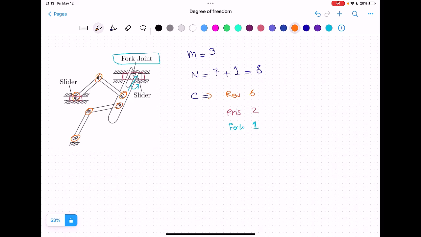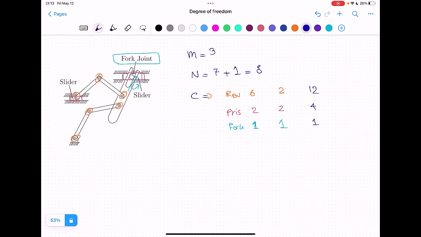Actually, as I told you before, a revolute joint gives you 1 freedom, so it gives you 2 constraints. And a prismatic joint gives you 1 freedom and gives you 2 constraints. However, a fork joint gives you 2 freedom, so we have 1 constraint. So we multiply these numbers: 12, 4, and 1.